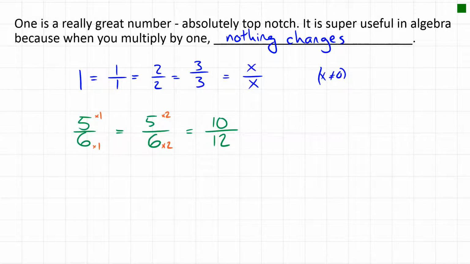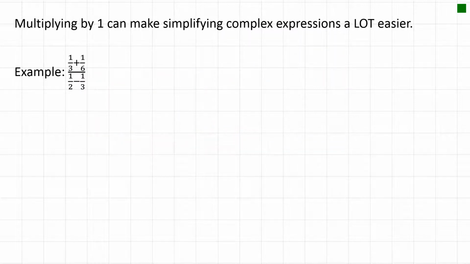So we're going to use this power of 1 to make our rational expressions look a little bit different without actually doing any illegal mathematics. Here's an example. We have this complex fraction. Before, we taught you that we could add the numerator fraction together, add the fractions in the denominator together, or subtract them, and then flip and multiply.